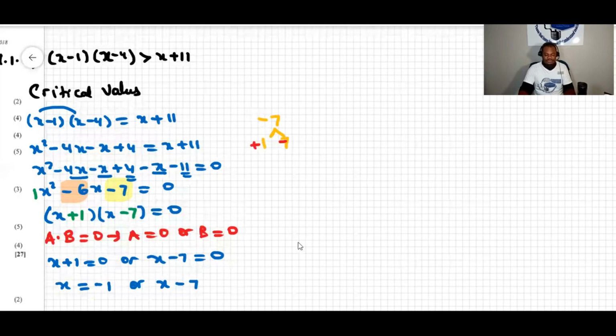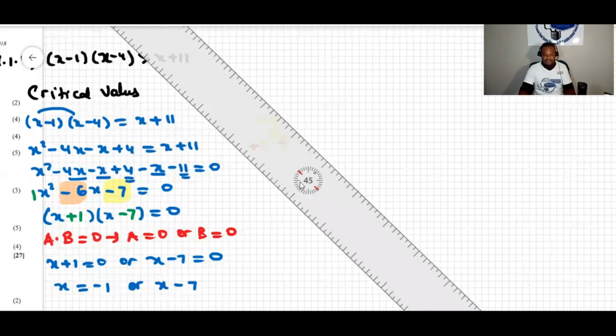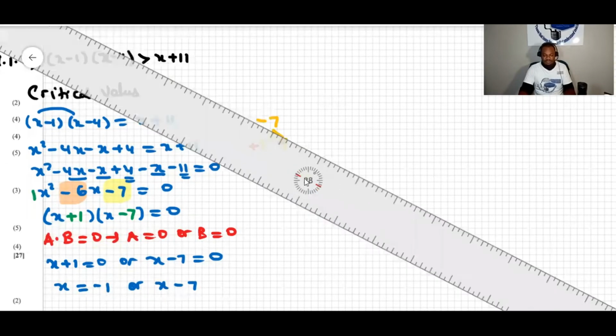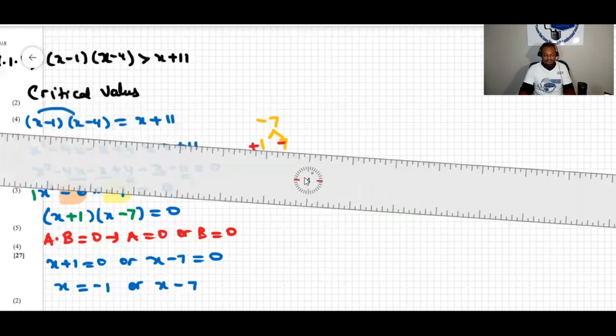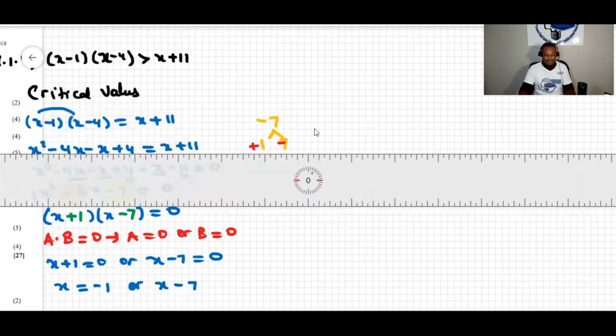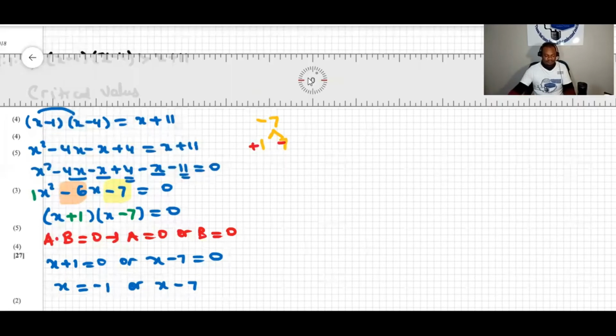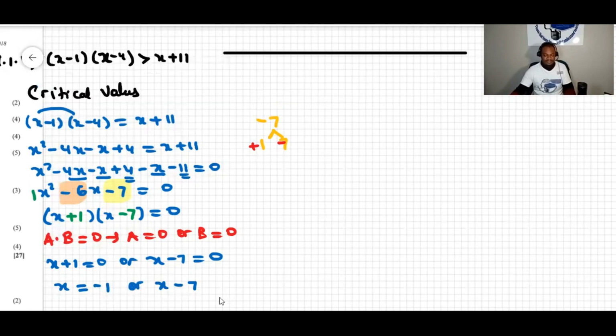I can now draw my number line. I want to place on the number line the critical values in ascending order, of course.